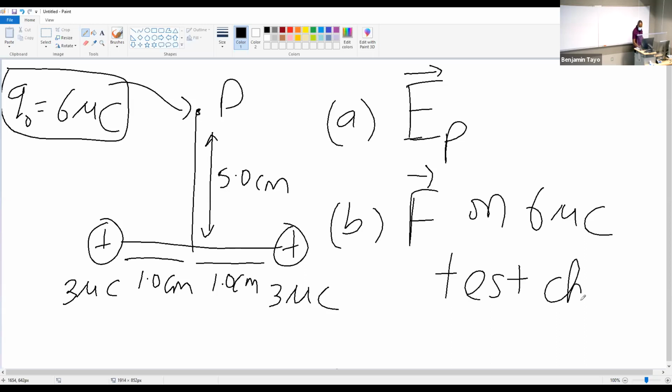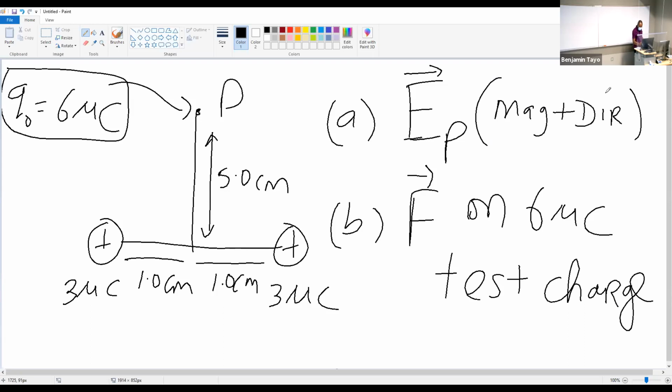You're going to get exactly the same result. When I say calculate the electric field, I want to see magnitude and direction. If you do this correctly, you're going to get an electric field pointing in the j direction. You're going to solve this problem exactly the same way that we've solved.